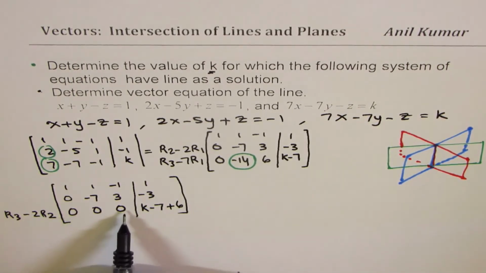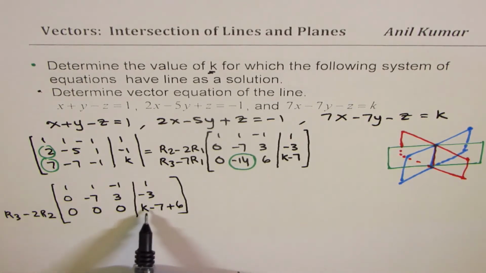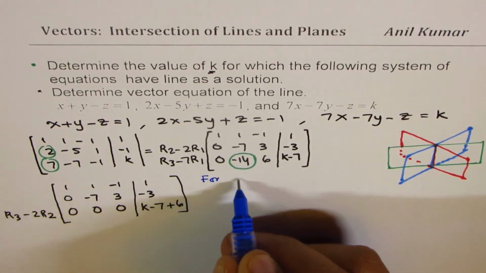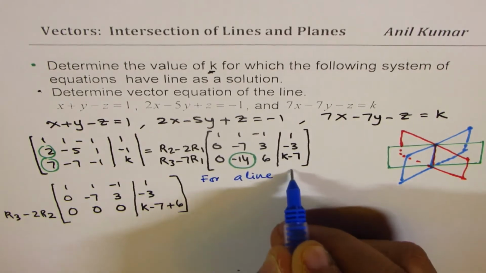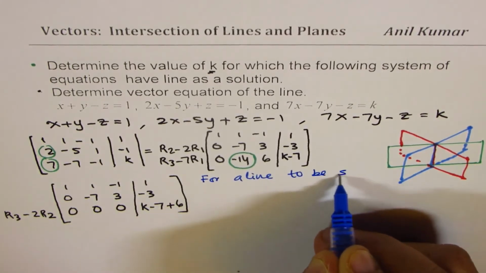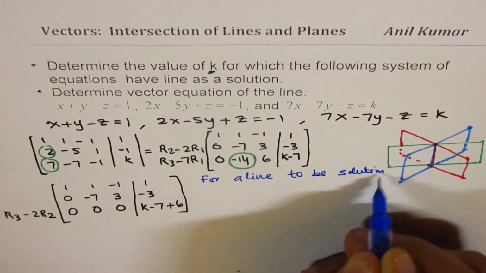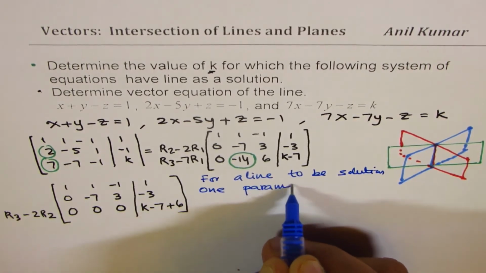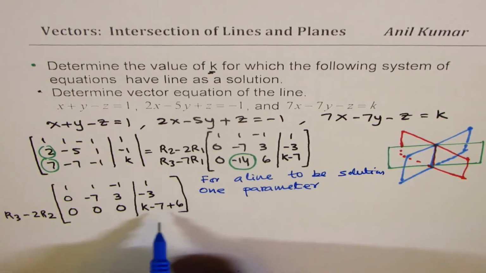Now in the last row, we have 0, 0, 0 equals k minus 7 plus 6. For a line to be the solution, that means one parameter. A line has one parameter.